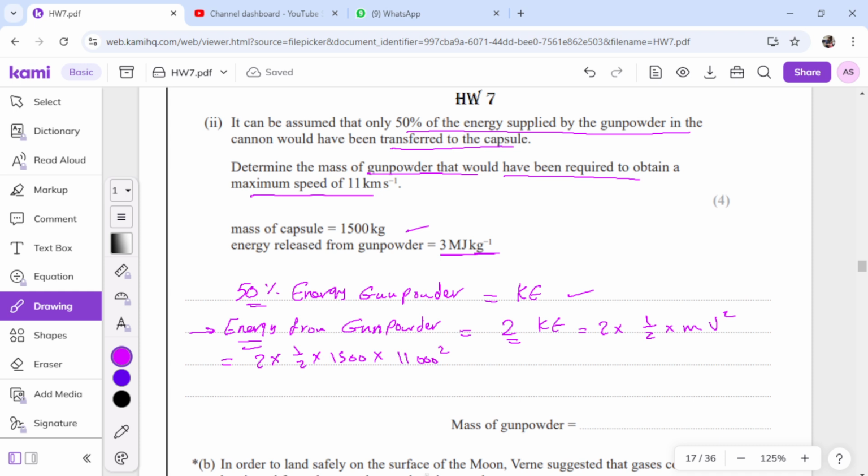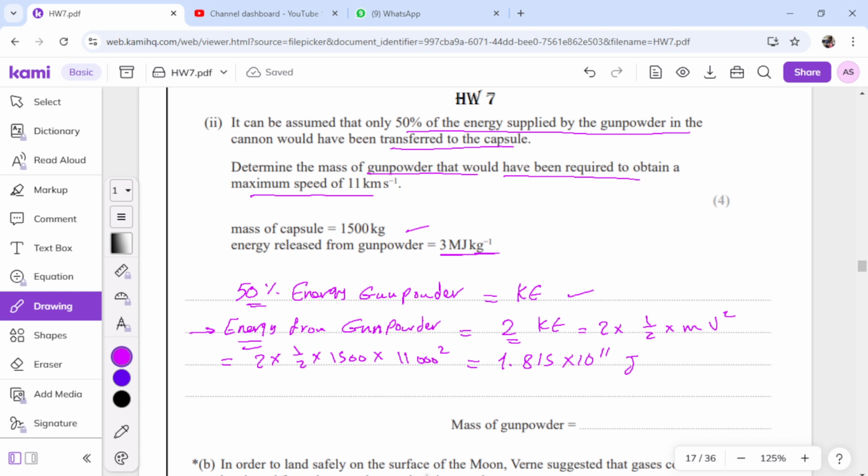So it equals 1.815 multiply 10 power 11 joule. Now he gave me energy released 3 megajoule per kilogram.